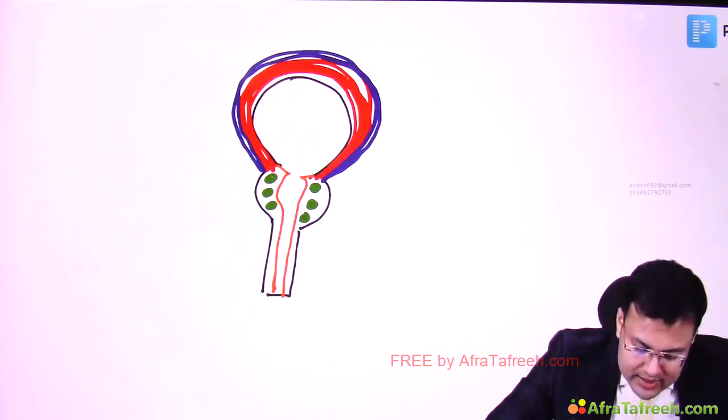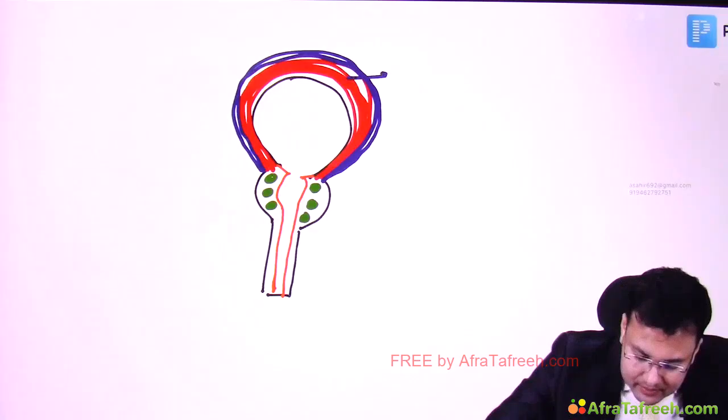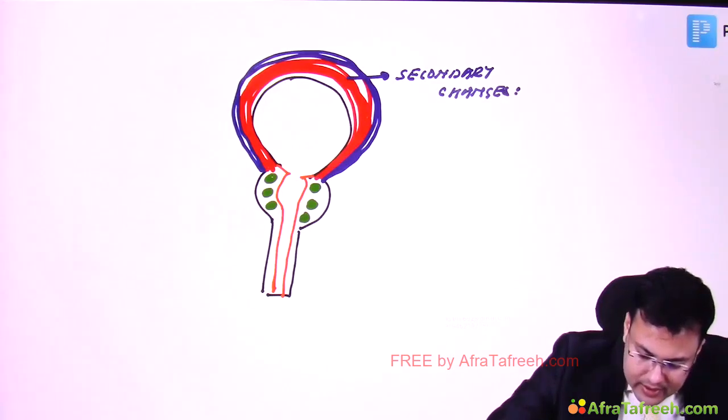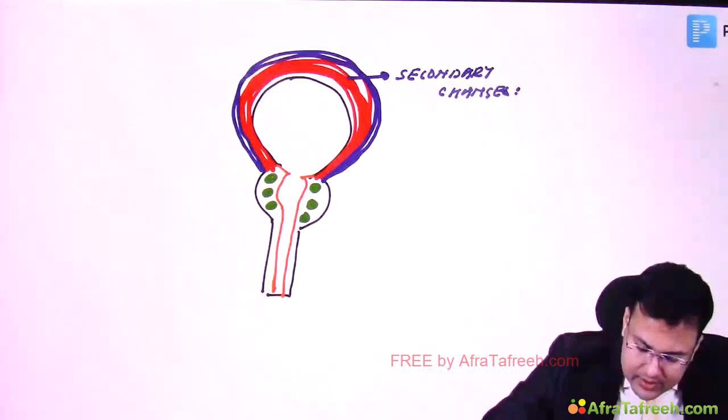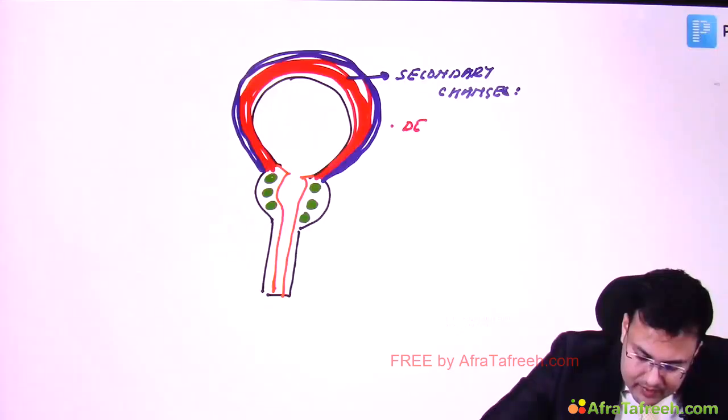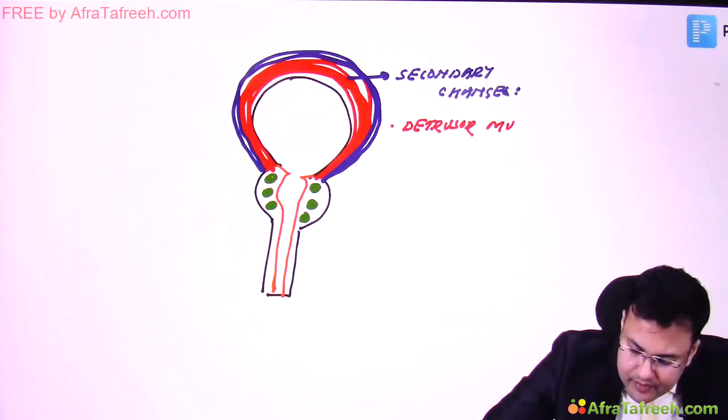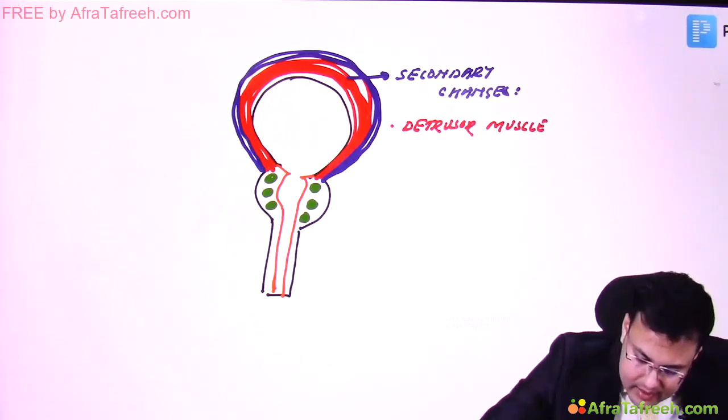So what are those secondary changes? Secondary changes in the bladder: there is detrusor muscle hypertrophy and hyperplasia.